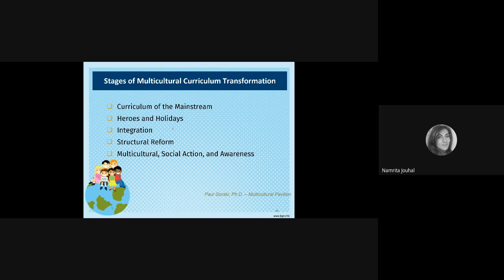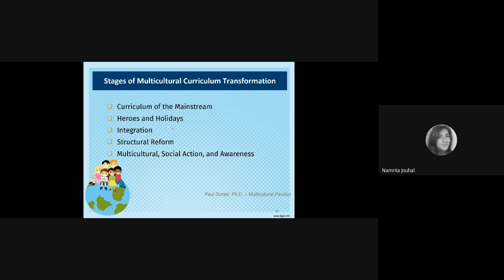So how would you do that? The mainstream curriculum should include the multicultural curriculum, their heroes, their holidays, ensuring that every culture's heroes and holidays are included in the educational aspect. If it's not in the curriculum, it's not in the books, you create extra sheets, extra activities.